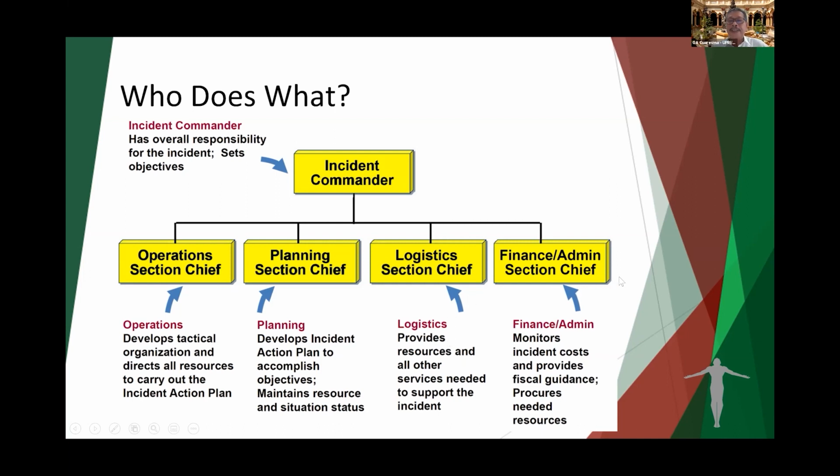And finally, the finance and admin section monitors incident costs and provides fiscal guidance. An important job also of the finance and admin section is the procurement of the needed resources.